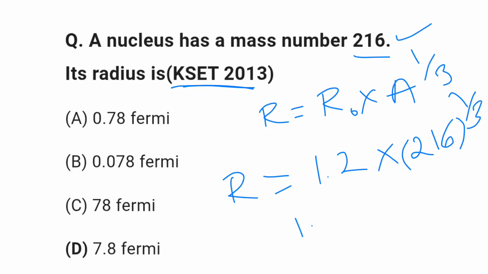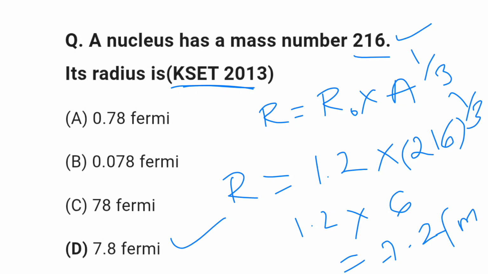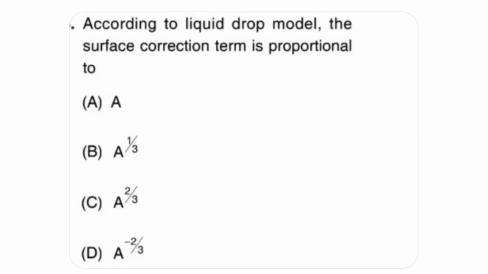You simplify, 1.2 into that is 6. We get nearly 7.2 femtometer. So 7.2 femtometer is nearly equal to 7.8 fm. So option D is the right answer. So move on to the next question.